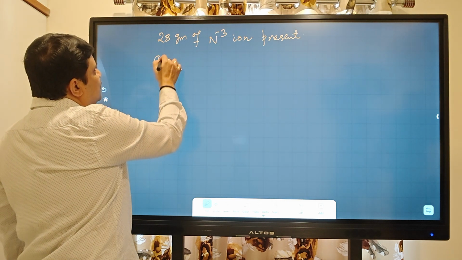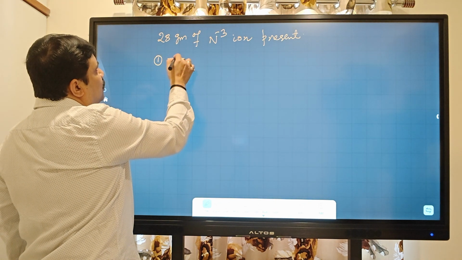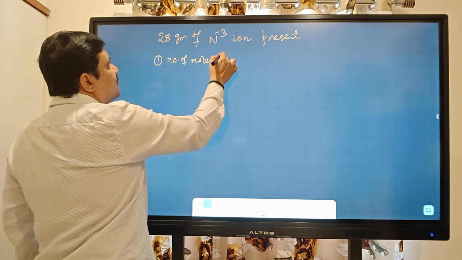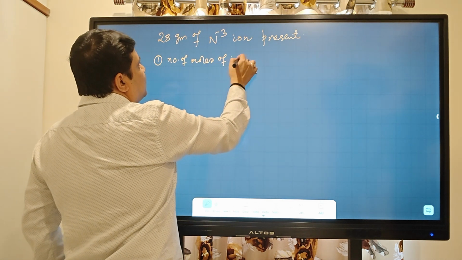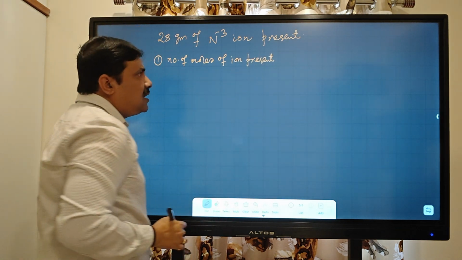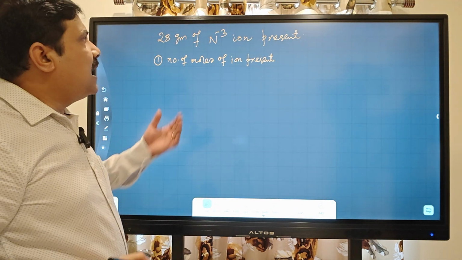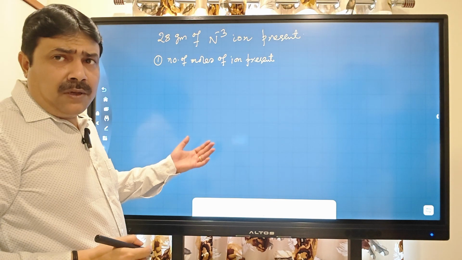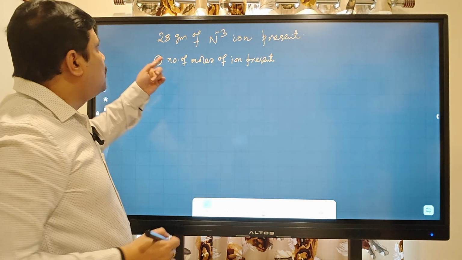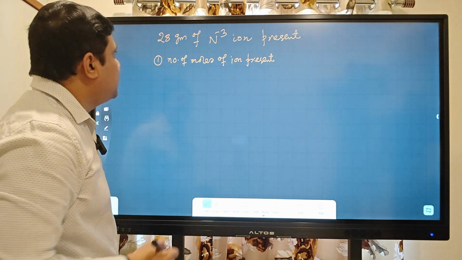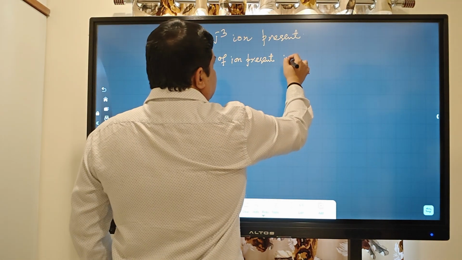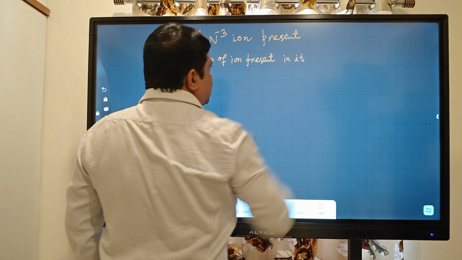of ion present. Because the best way to understand this is how to calculate these things. Let us take a problem, and if you go into the depth, then you will never forget that concept. So now, 28 gram of N-3 ion present, number of moles of ion present in it. First point asking.